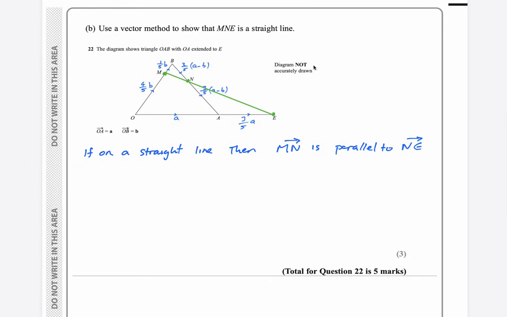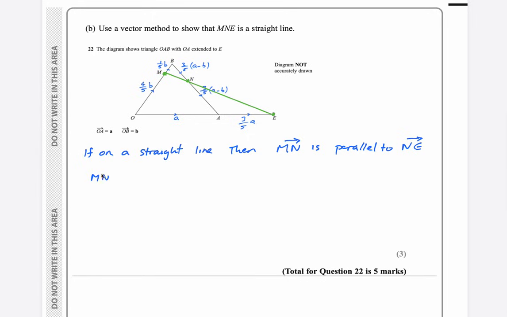So look, if you've got 3 points like this, let's call it M, N, E, and you're saying this MN is in the same direction as NE, then obviously they're on a straight line. That's kind of the idea. Okay, so let's just find MN, and we'll find NE, and hopefully they'll be multiples of each other.